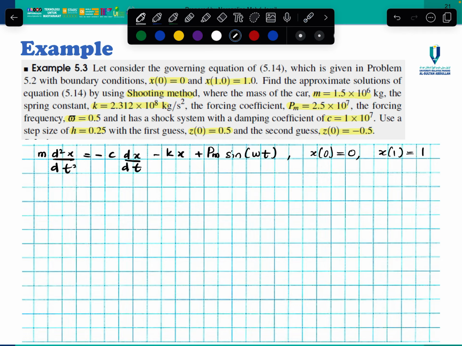So it's good. Before we continue, let's simplify the equation by substituting all the parameter values of m, k, pm, omega, c inside the equation.